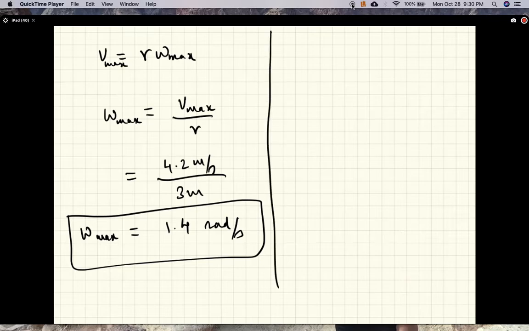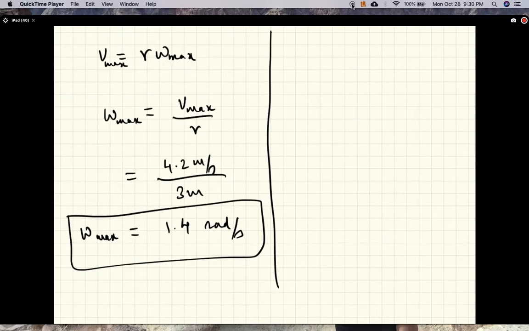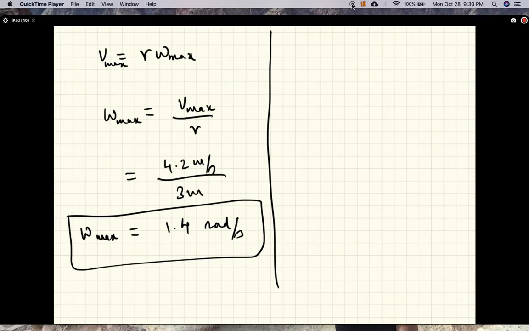Alright, now they tell us in the problem the merry-go-round accelerates from rest up to 0.4 revolutions per second in 10 seconds. Let's convert this 0.4 revolutions per second into radians per second.